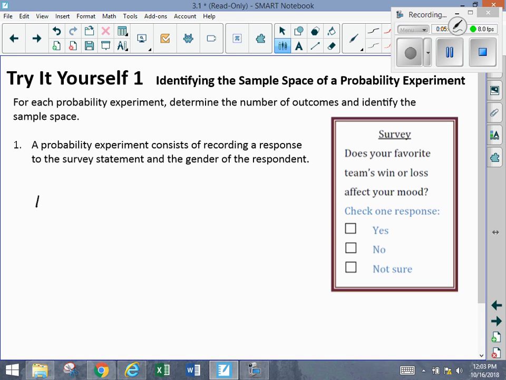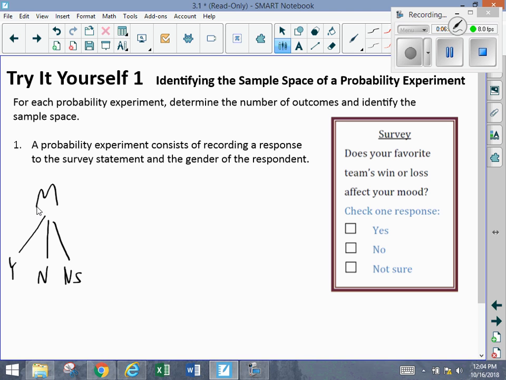So you have a choice, right? They answer male, and you give them the survey. You can either answer yes, you can answer no, or you could answer not sure.